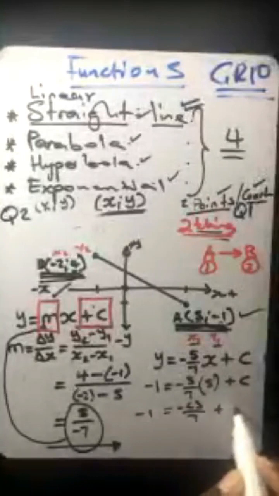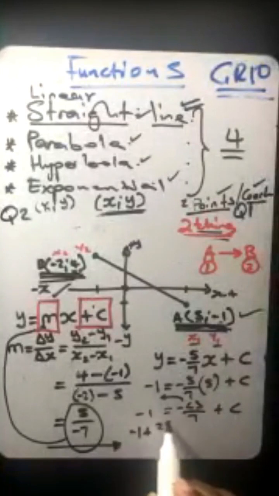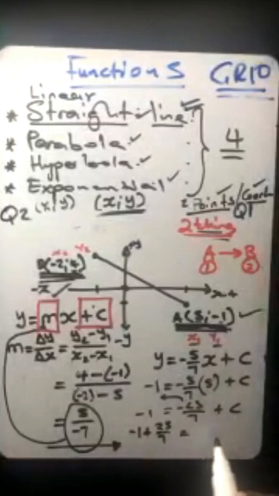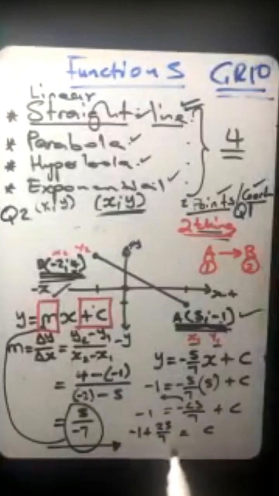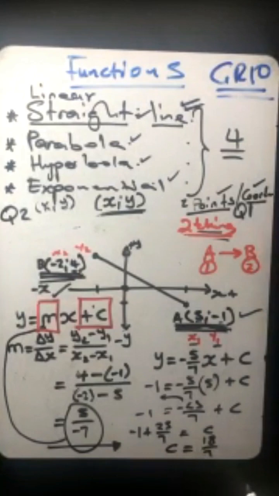You have a negative 1, then you transpose. You're going to have negative 1 plus 25 over 7, which is going to be equal to c. So what is the c value? 18 over 7. Positive 18 over 7. Yes.